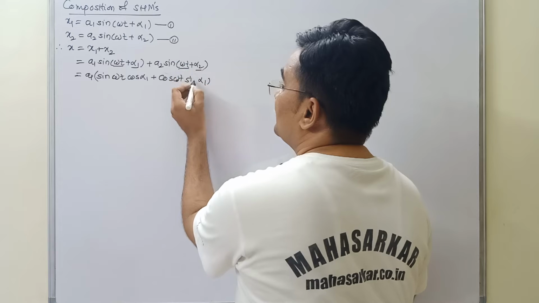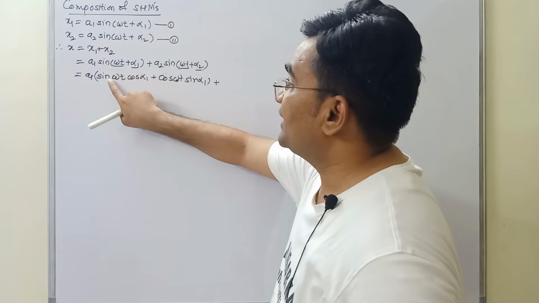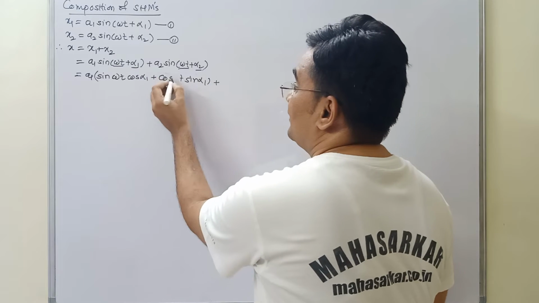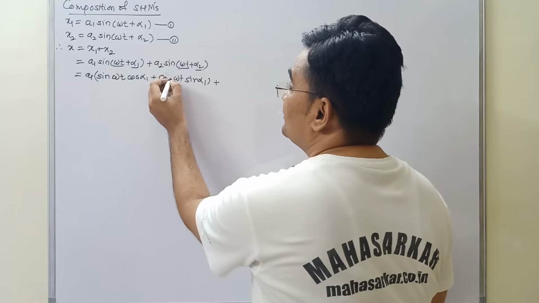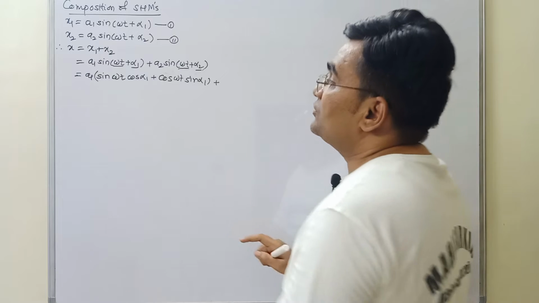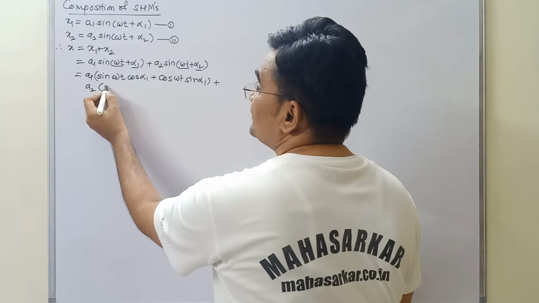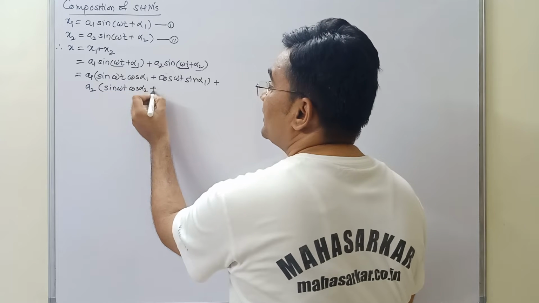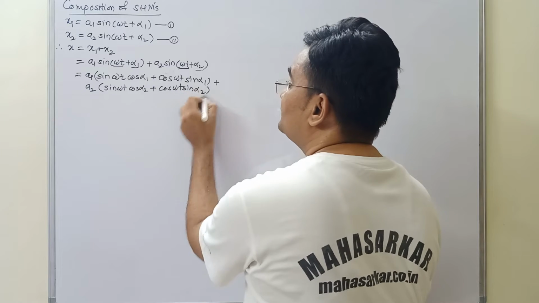Sin(a plus b) is sin a cos b plus cos a sin b. I am also getting fumbled, students, so write carefully. This also we are going to simplify the same way: a2 into sin omega t cos alpha 2 plus cos omega t sin alpha 2.